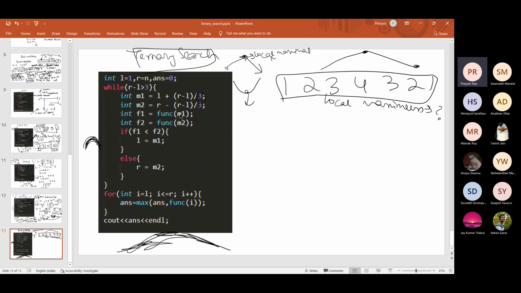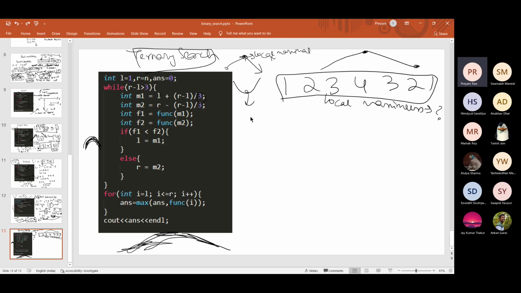So what is the function? Like I said before, you can think of this array as a function, where function of x would simply return arr[x]. And since this array is increasing first, then decreasing, this is a correct function for ternary search.